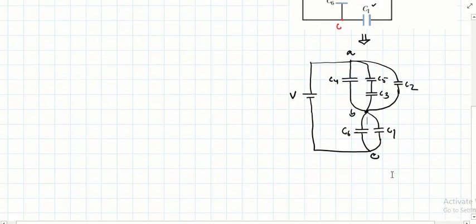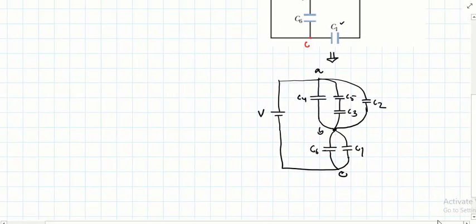So I can modify one more step of this circuit. This is the total voltage, and this is one equivalent capacitor.